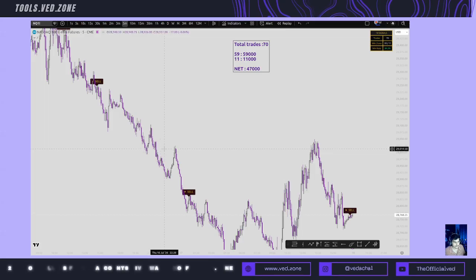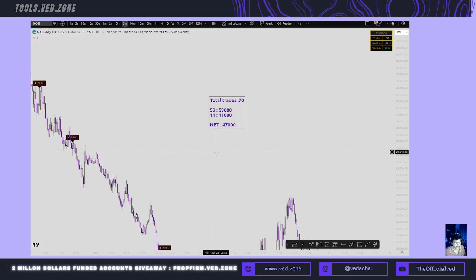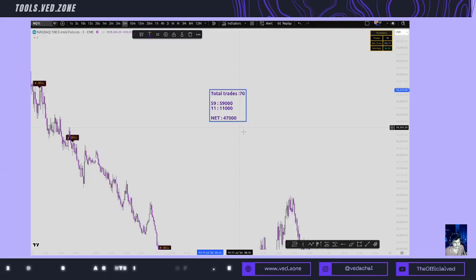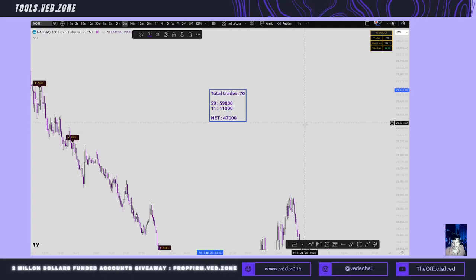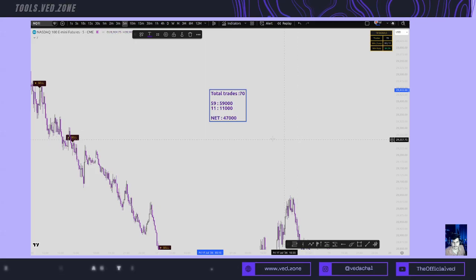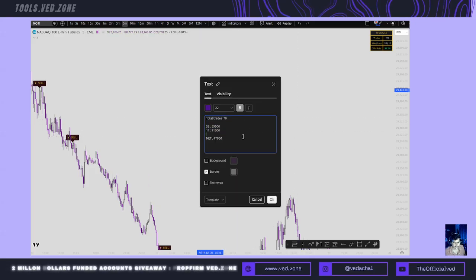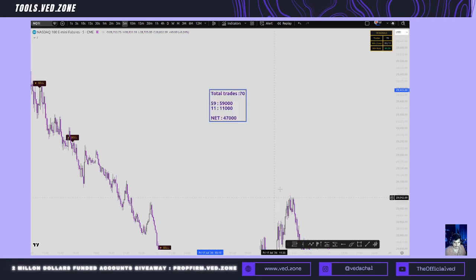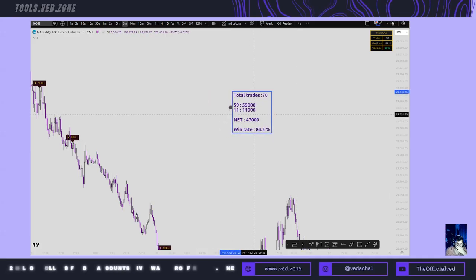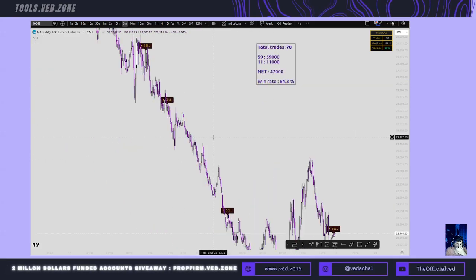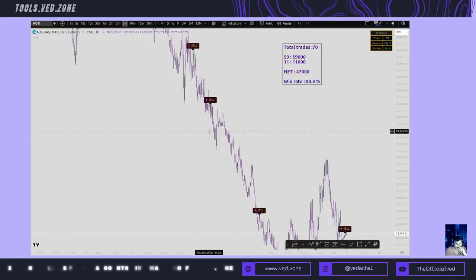There are some rules which are shared for the private members, premium members that is, but even if you take it randomly, we had like 84.3% win rate, almost 80 to 85% win rate. Absolutely insane. My god. I don't know what I have coded. This is just printing for week number 4, right?